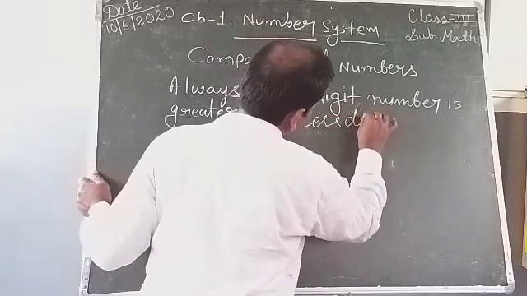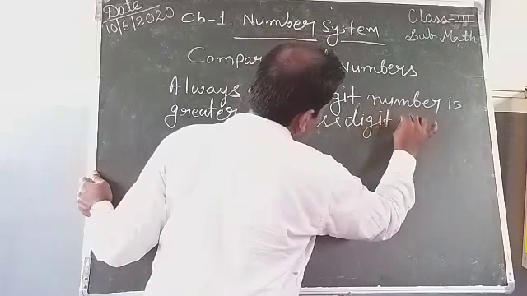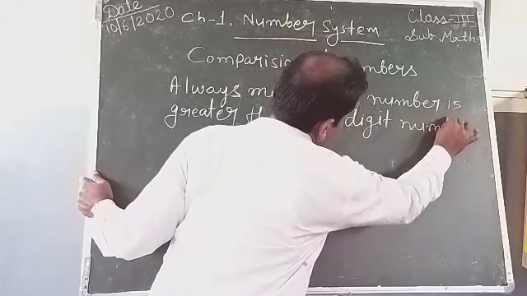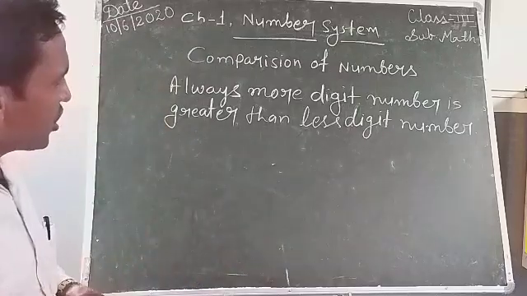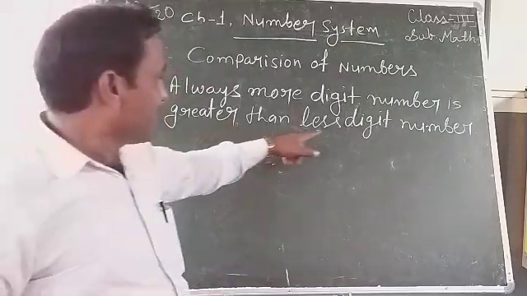Here it is given: always more digit number is greater than less digit number.